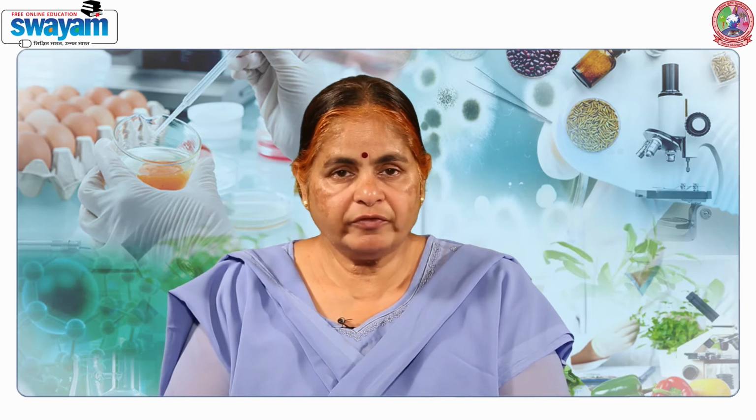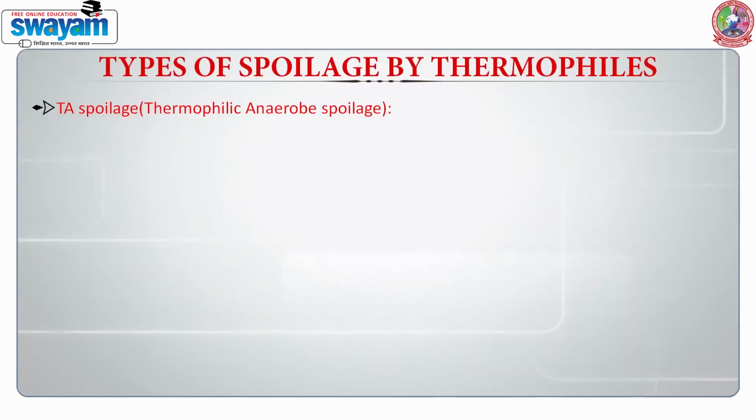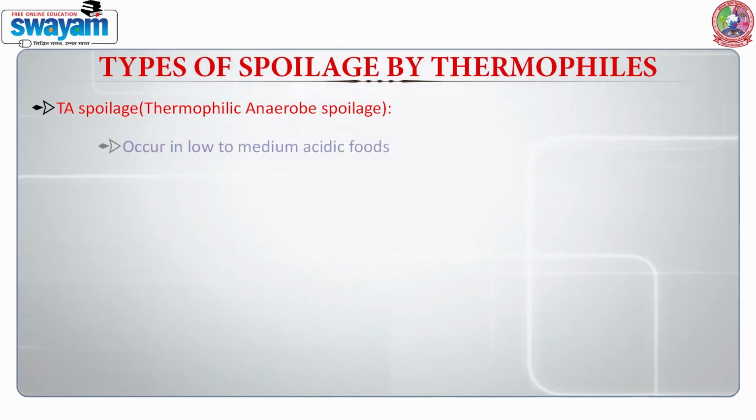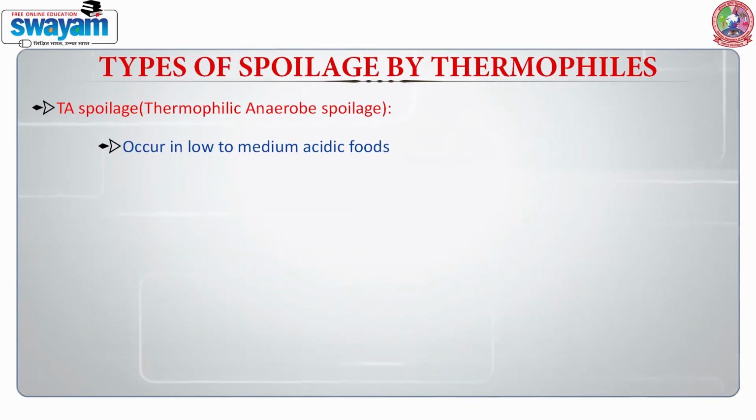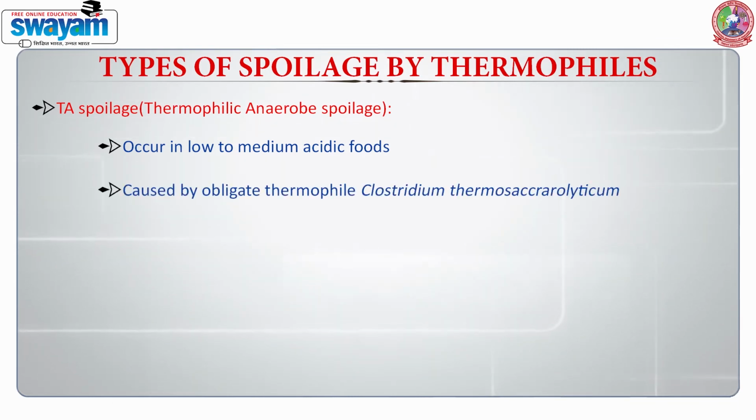There is a type of spoilage which is known as thermophilic anaerobic spoilage, or TA spoilage. This is commonly seen in foods which are medium in acid content, and the causative organism is an obligate thermophilic organism like Clostridium thermosaccharolyticum.